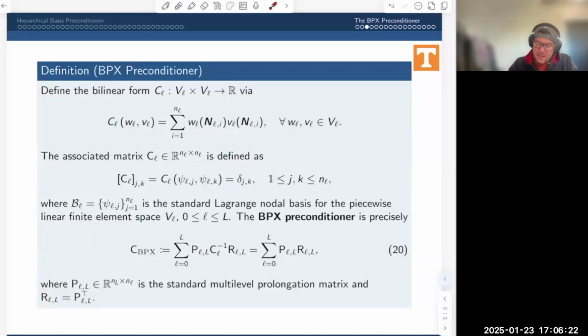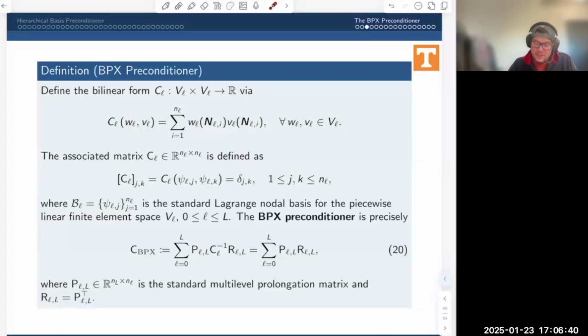The associated matrix for this, we're going to define by using a basis. Anytime you have a bilinear form, you can define a matrix via a basis by just throwing in the basis elements for these two individual spots.